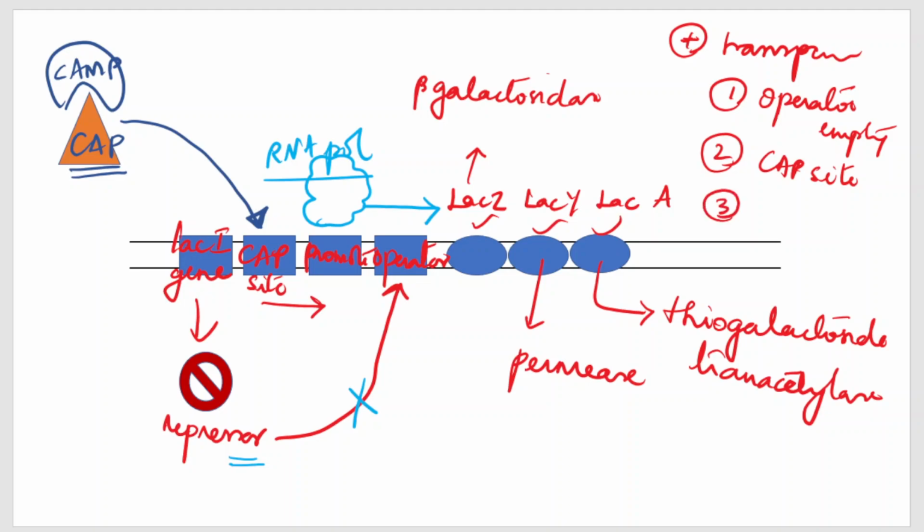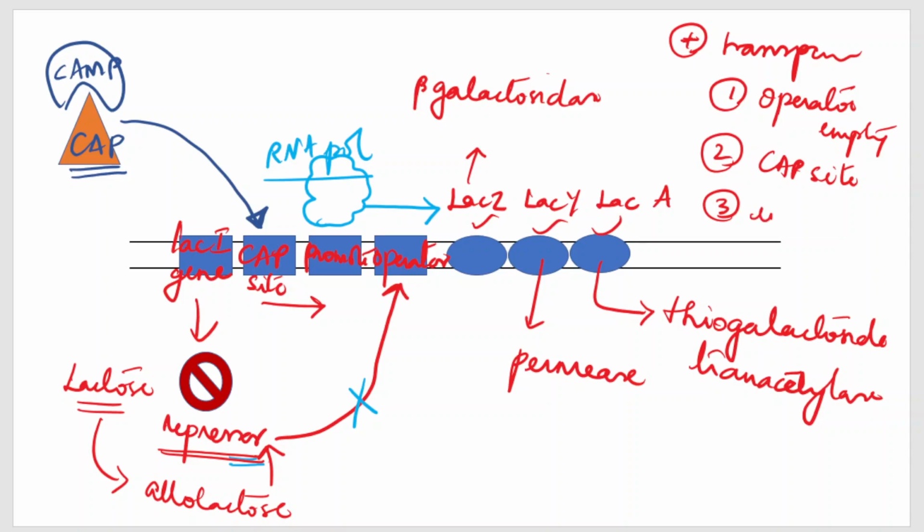Also, there is one more factor. If lactose is present, if the metabolite is present, the lactose can produce an inducer molecule called allolactose. This allolactose can bind with the repressor protein and inhibit the activity of the repressor.